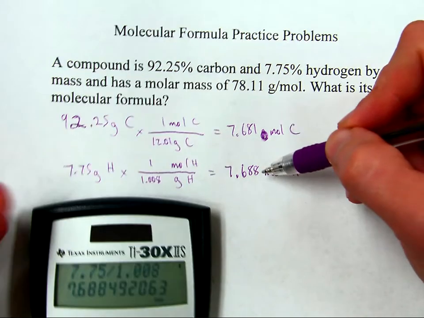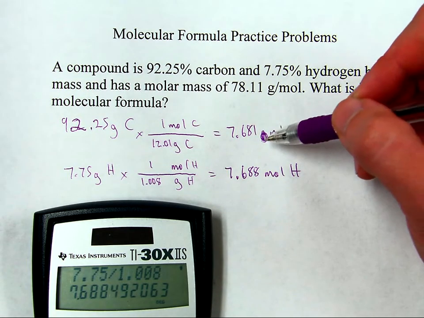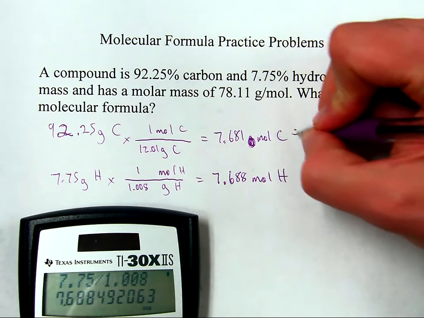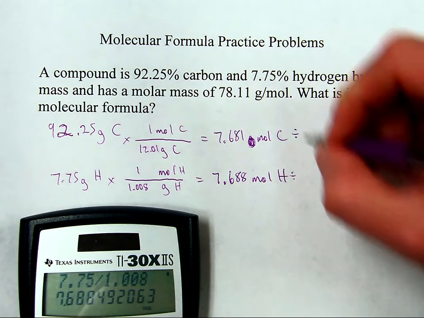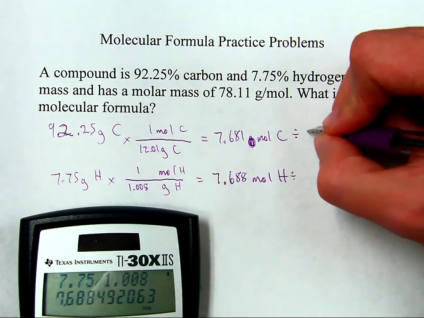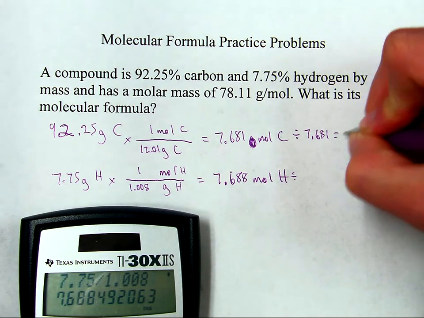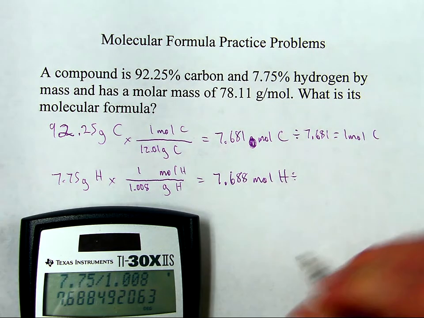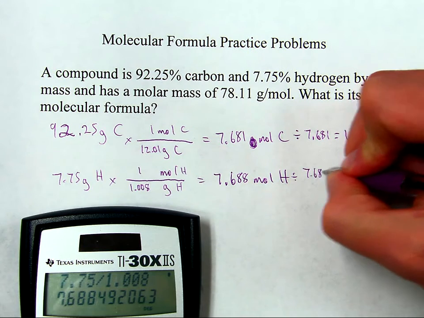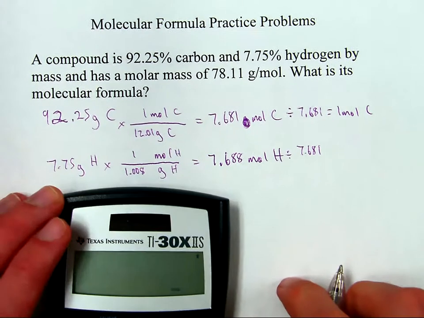Looking at this right now, these are basically the same number, and to reinforce that, let's divide both by the smallest one. This one's slightly smaller of the two, so divided by 7.681, 1 mole of carbon. These are basically the same. Let's see that on the calculator.